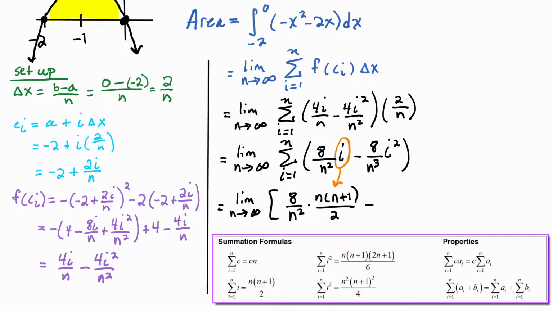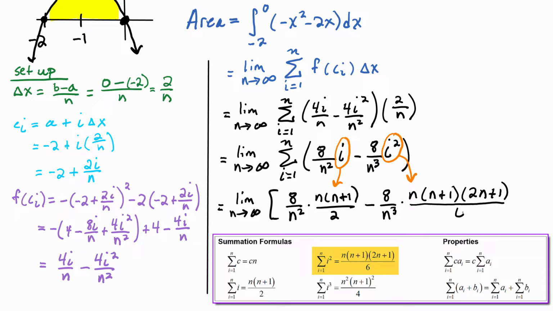Then we bring down the minus sign, and for this term, once again, we can treat the 8 over n cubed as though it were a constant, because the variable of the summation is only i. Then we are going to do our summation formula on i squared, and we know that that's going to be n times n plus 1 times 2n plus 1 divided by 6. Close the big bracket.